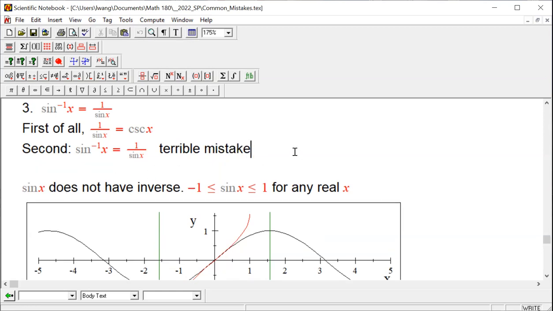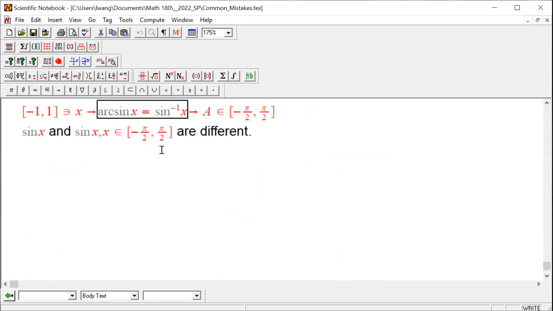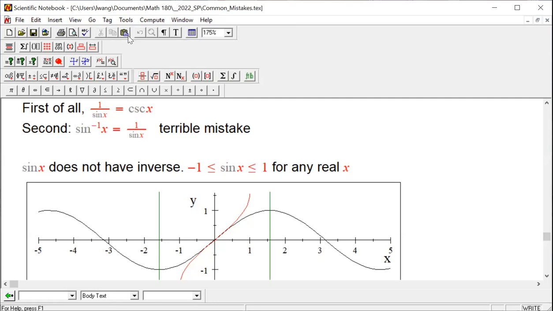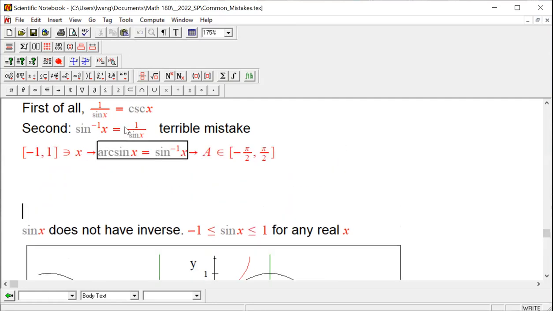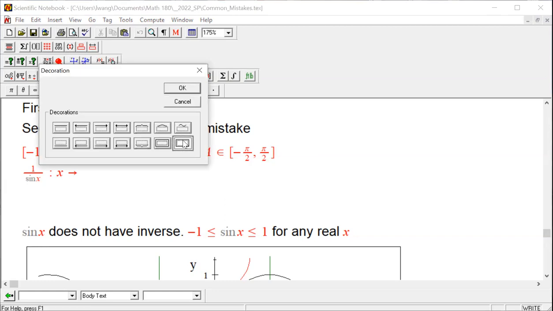With all said and done, we just mentioned that arc sine has a domain and range. It takes a ratio as input. It produces an angle between negative pi over 2 to pi over 2. But what is 1 over sine x? If you look at 1 over sine x, the order of operation is that you first take x, and x is given to the function sine x.